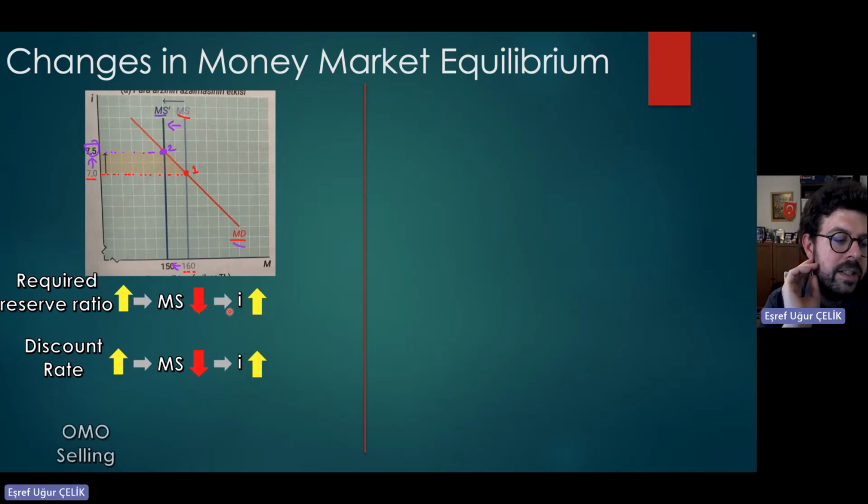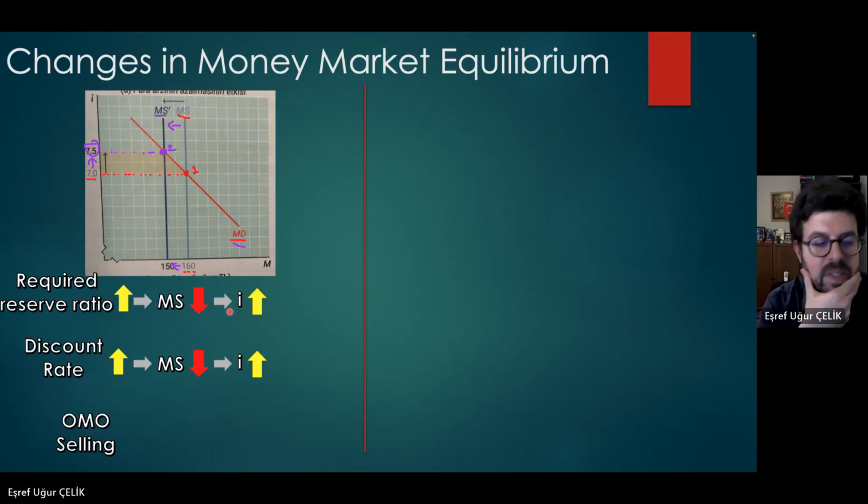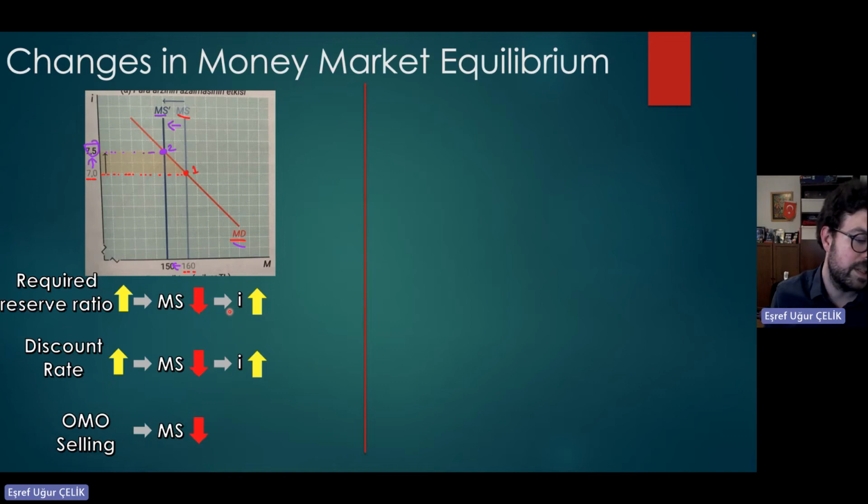Another factor is open market selling. If the central bank sells securities, the money supply becomes lower and the interest rate becomes higher.